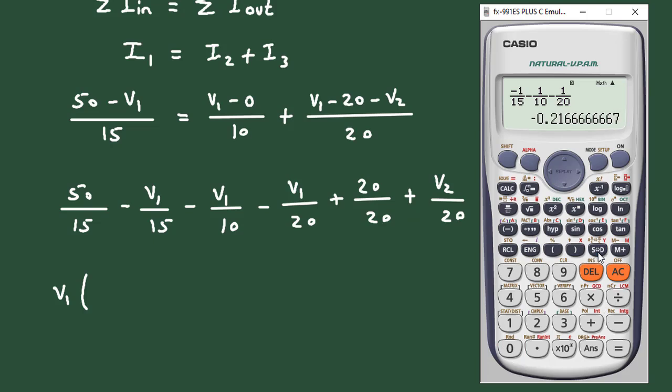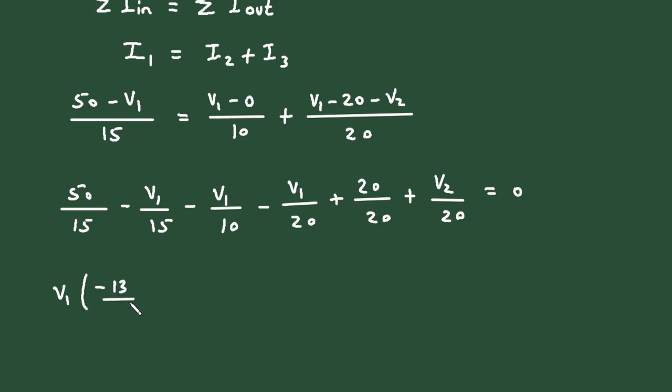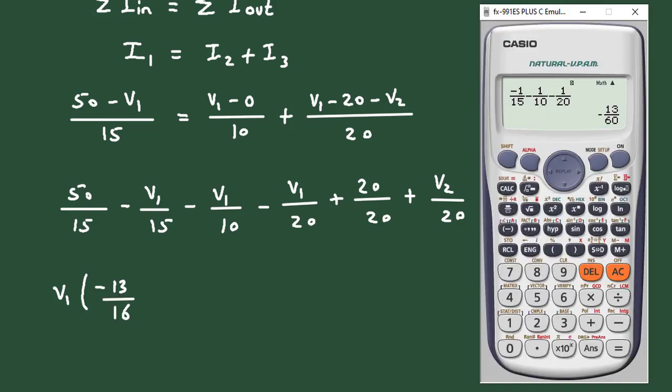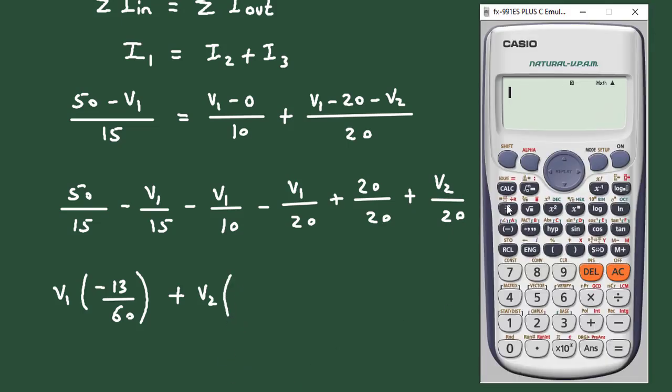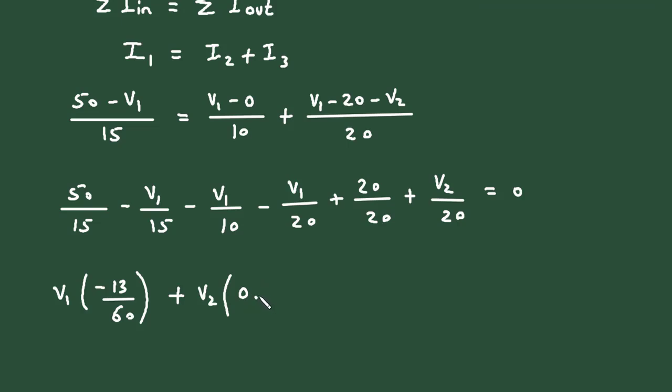So it will be minus 13 divided by 60. Now again we take this V2 common, so it will be 1 divided by 20. So 1 divided by 20 is 0.05.